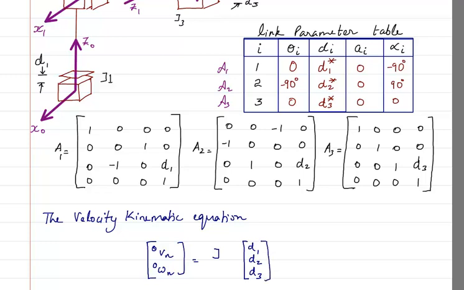The differentiation of that is going to be the equation for us, so I will put the dot here: d1 dot, d2 dot, d3 dot. So this is a 3 by 1 matrix. This is going to be a 6 by 1 matrix, and so J will be a 6 by 3 matrix. So how do we come up with this 6 by 3 matrix? That is the task we have.